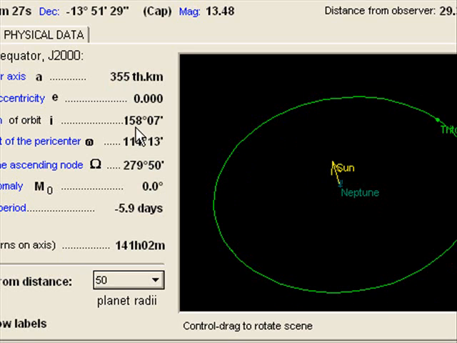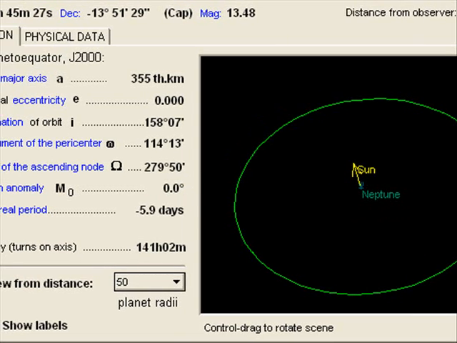If it was lying at a 90-degree angle, we would have face on. Here we would have to do some more subtle observations and calculations in order to come up with what is called the inclination of its orbit, and then we could determine its distance correctly to 355,000 kilometers.